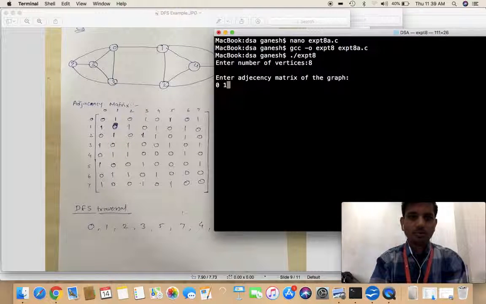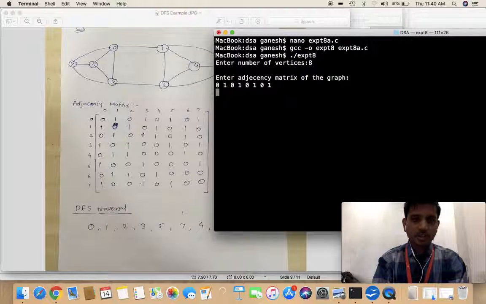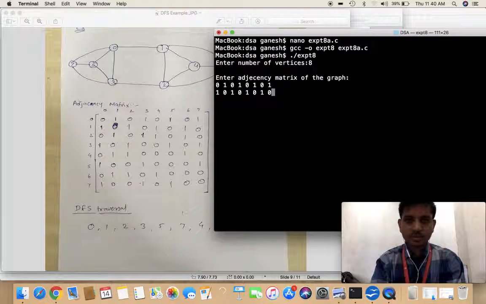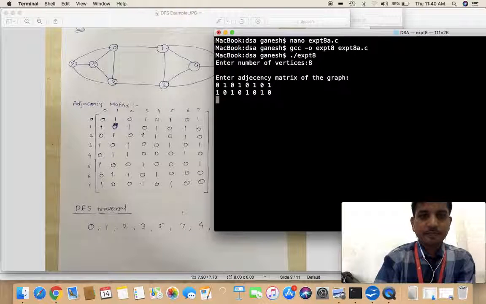So 0 1 0 1 0 1 0 1, the next one is 1 0 1 0 1 0 1 0. You have to enter this adjacency matrix very carefully.